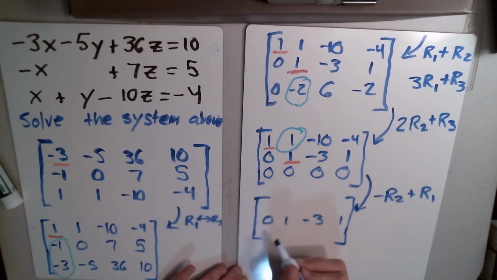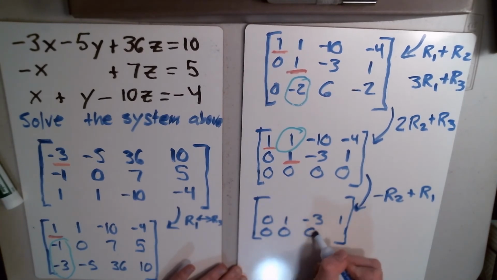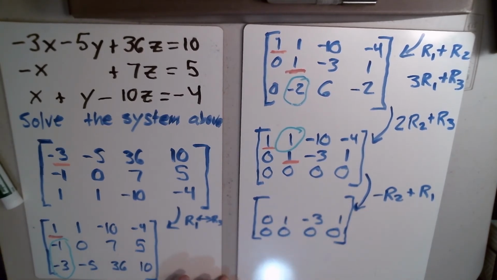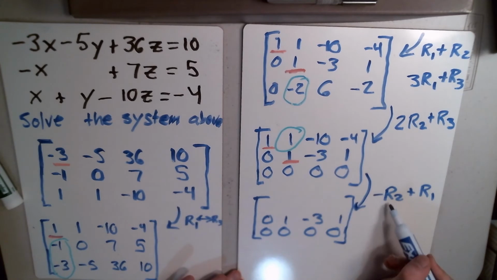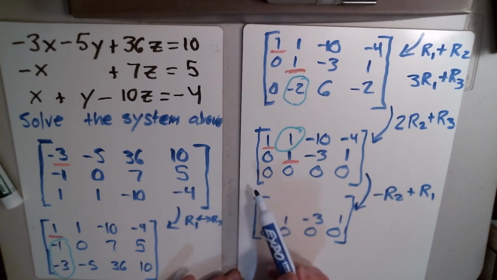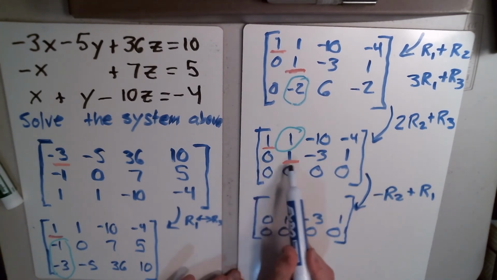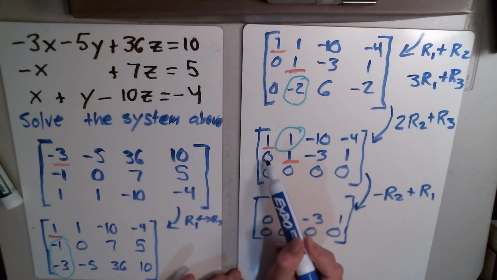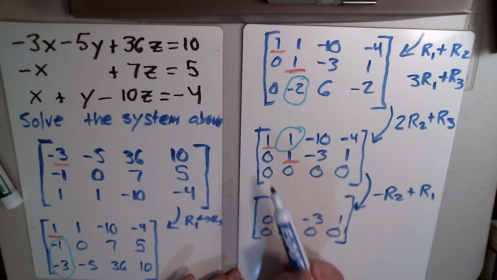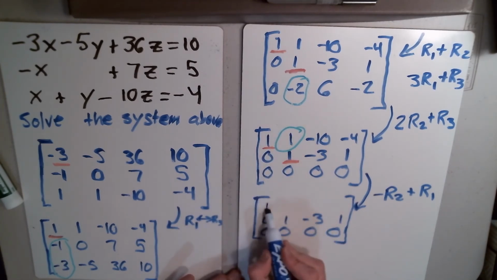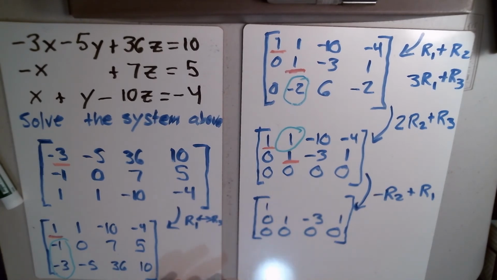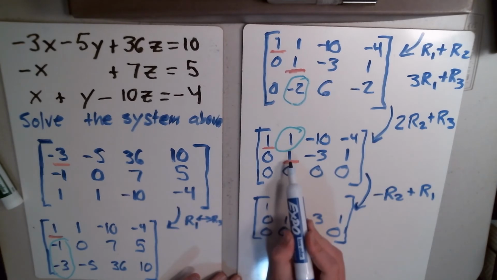Okay, and then my last row is still just zeros. When I do negative row 2 and times that all by a negative and then add it up, negative 0 is 0. Add to 1 is 1. Notice we didn't mess up our 1. Now negative times positive 1 is negative 1.